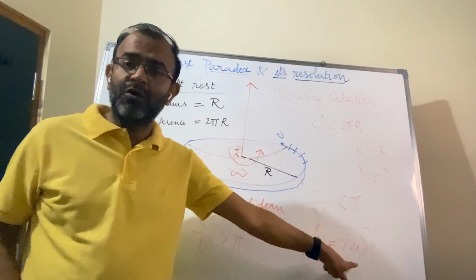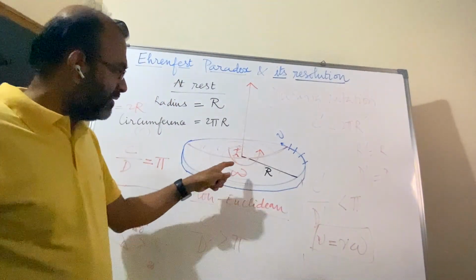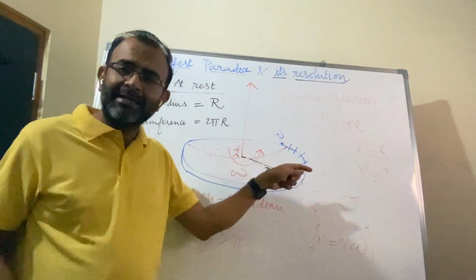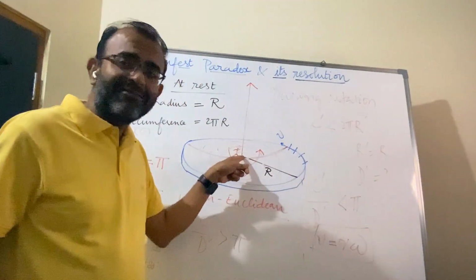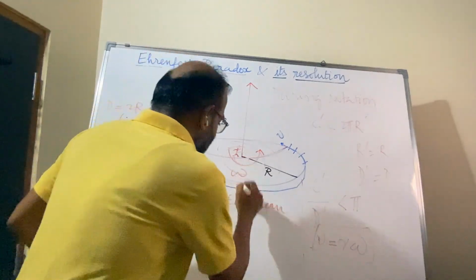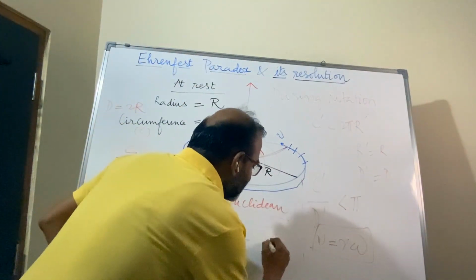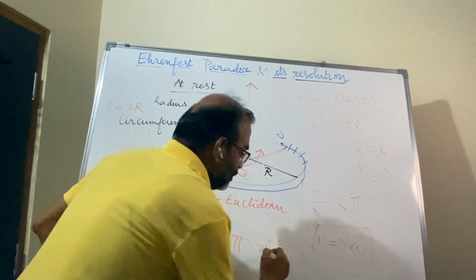V is equal to r omega. Therefore, at different points on this disk, the linear velocity keeps increasing, but at the center, when r is equal to 0, V is equal to 0.